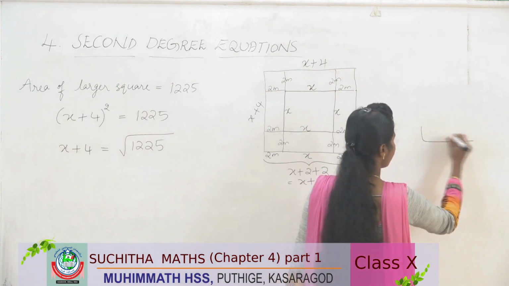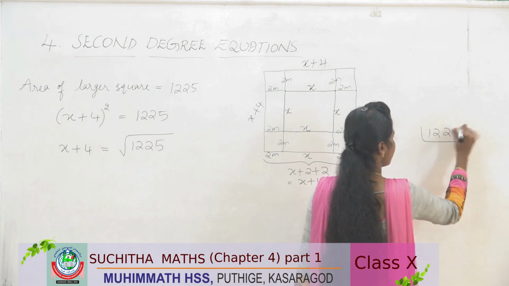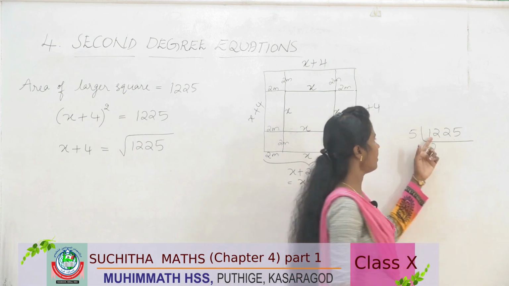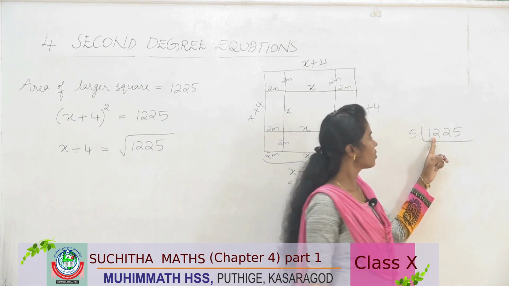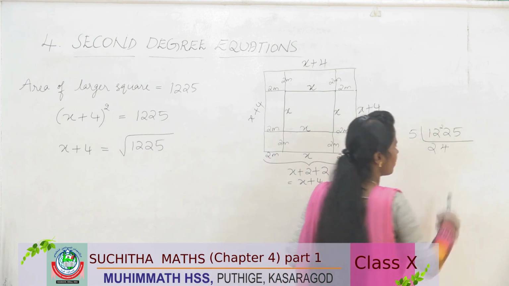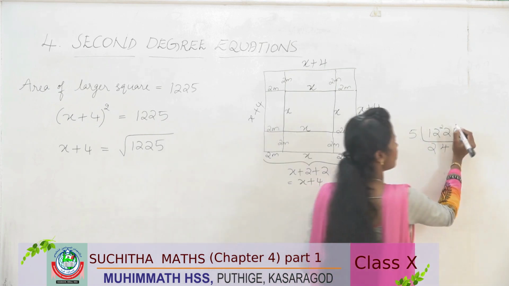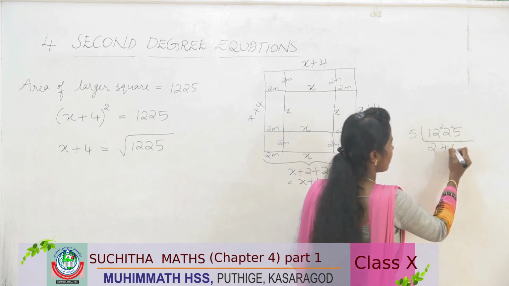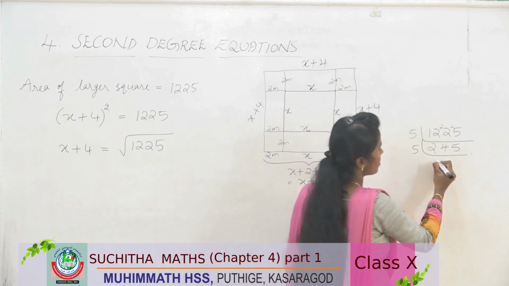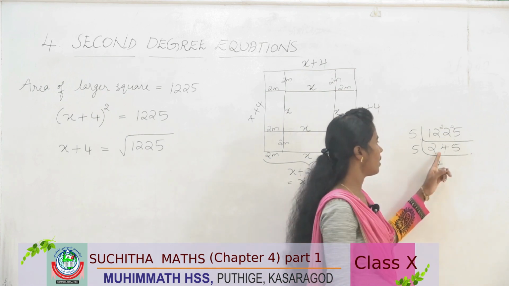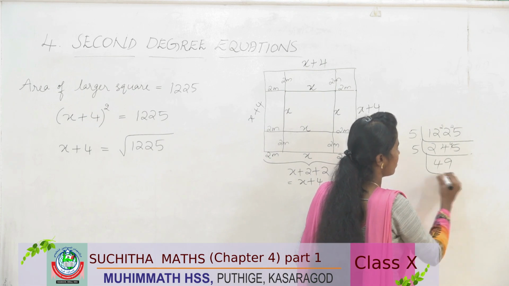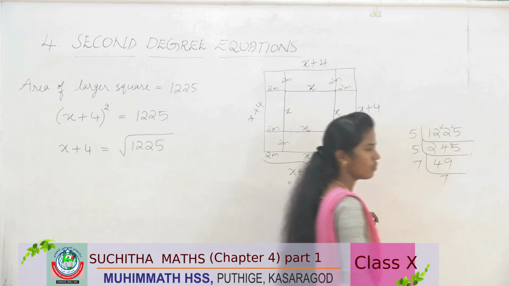Here 5 2s are 10, here it is 12, so 2 remaining, so 22. 5 4s are 20, again 2 remaining, 25. 5 5s are 25. 5 4s are 20, remaining 4, 45. 5 9s are 45, so 7 7s are 49.